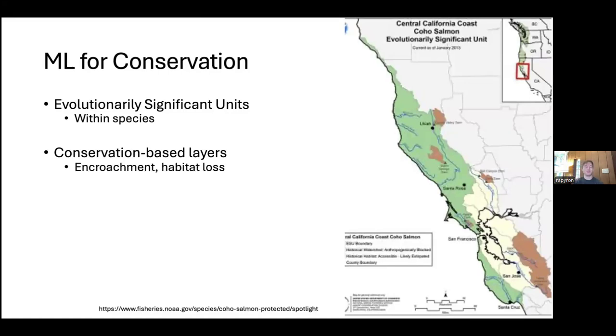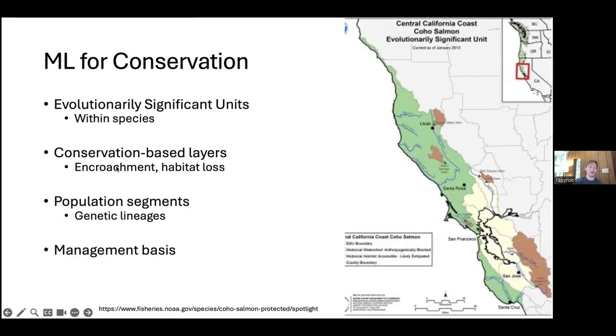Combining that with the genetic data might allow us to identify population segments and genetic lineages that are associated with significant imperilment or conservation concerns from habitat loss or human encroachment, which can then be used as a management basis for identifying areas where spatial imperilment might be higher.